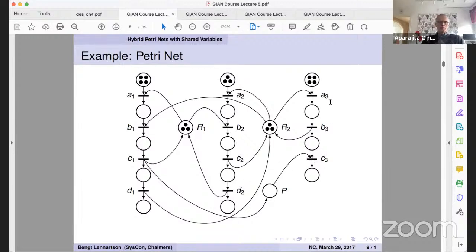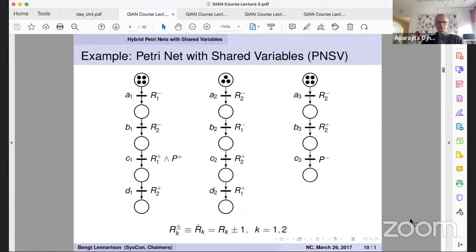So then the question, would it be possible to make something where these resources R1, R2, and P are more described by integer variables? And the answer is yes.